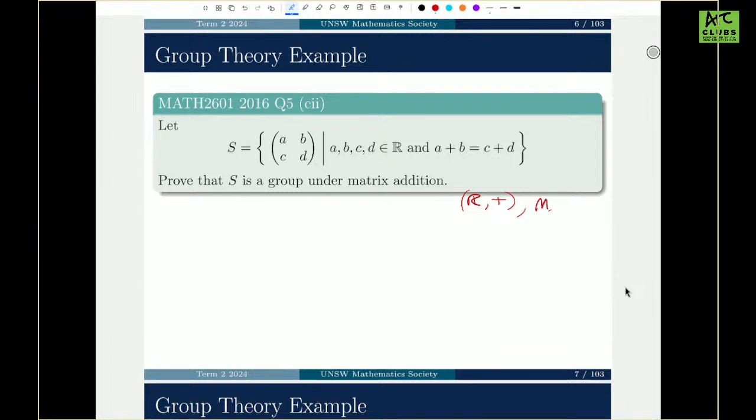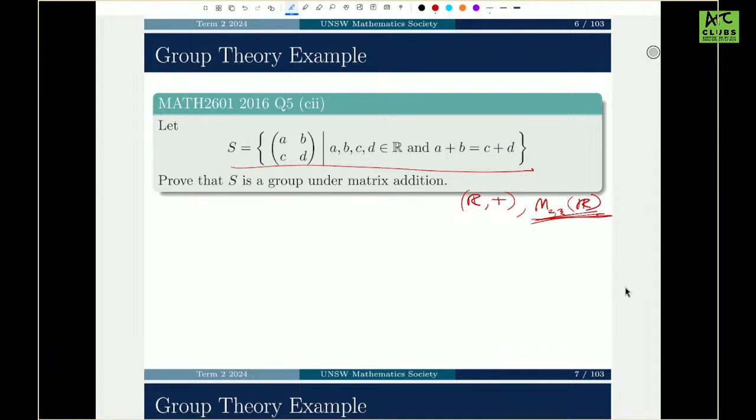The set of n by m matrices over some field, in this case R, is a known group. So let's see if this is closed under addition, because we have the other group properties from this matrix group. We'll have to prove closure and inverses, and also show identities in here.